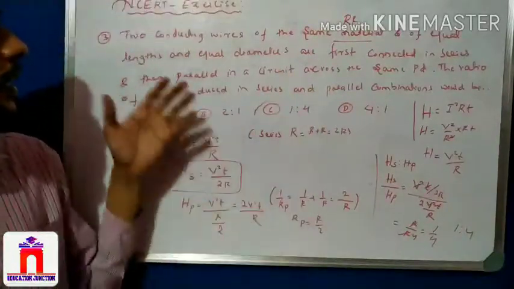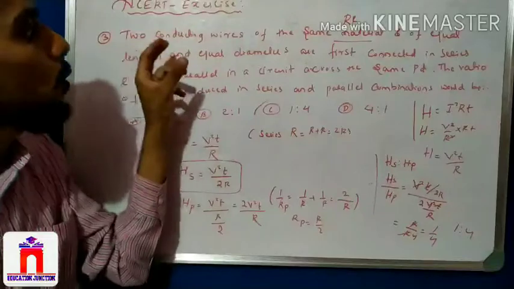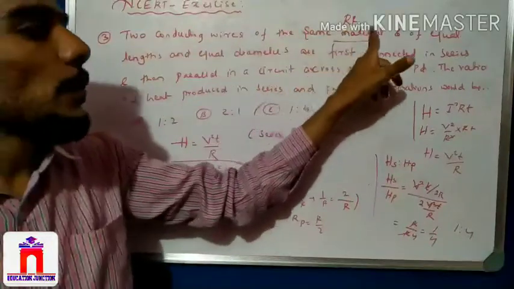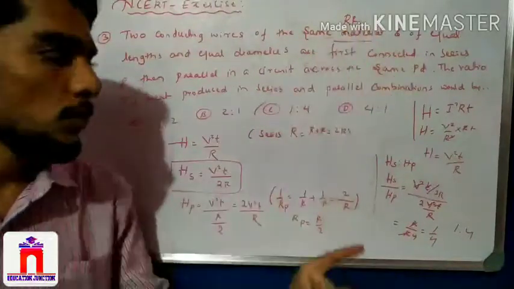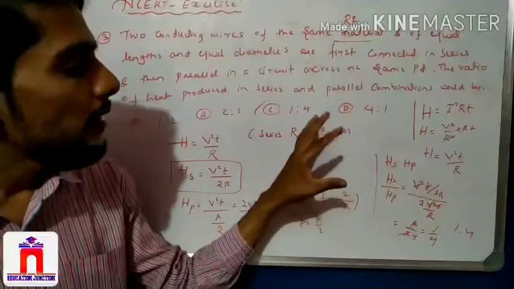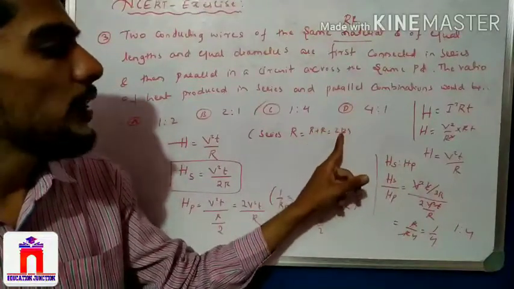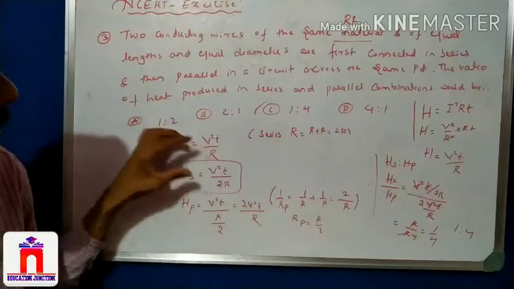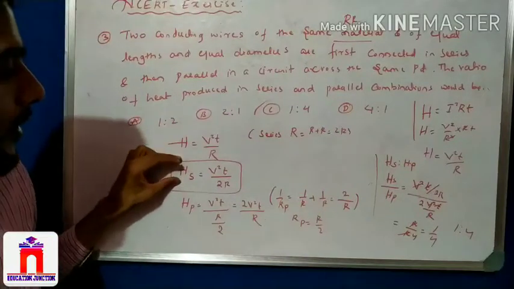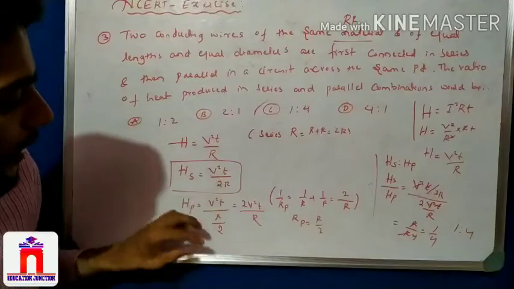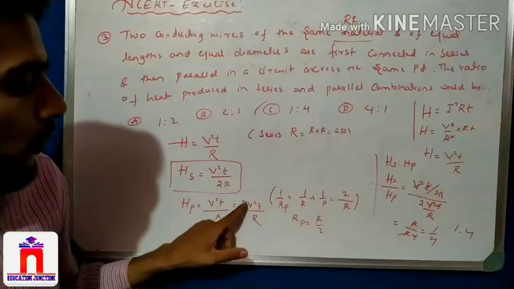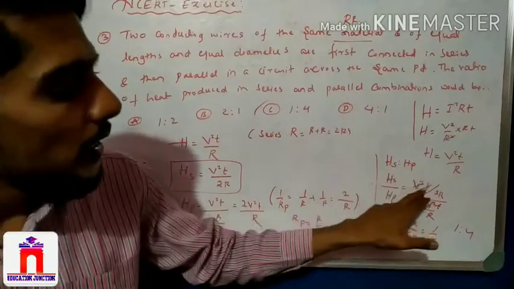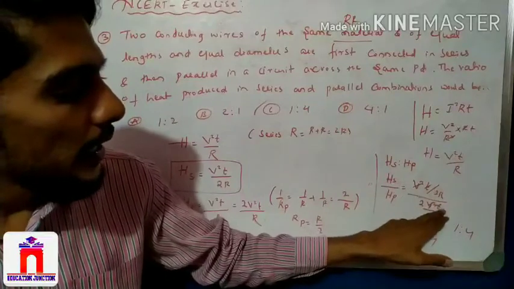So this is the third question. Two wires of the same material have the same resistance, so I take R and R. When connected in series we get 2R, and when connected in parallel we get R by 2. Putting these values into the equation, series gives V square T by 2R and parallel gives 2 V square T by R. By calculation, V square cancels, T cancels.